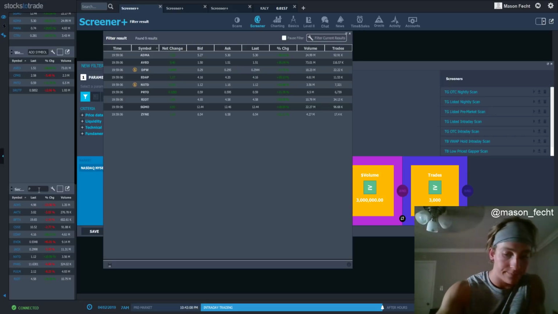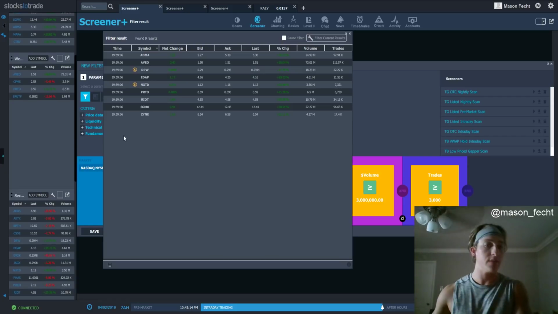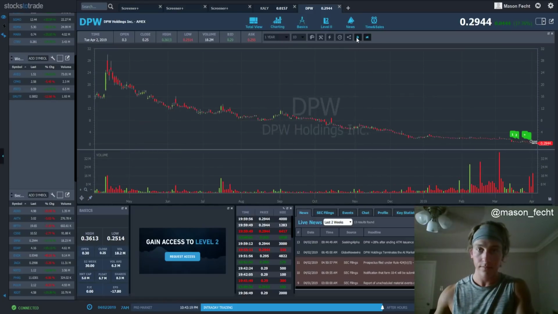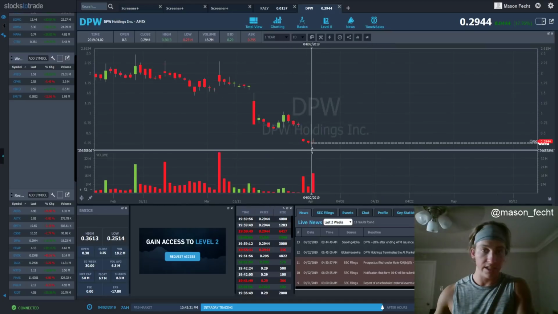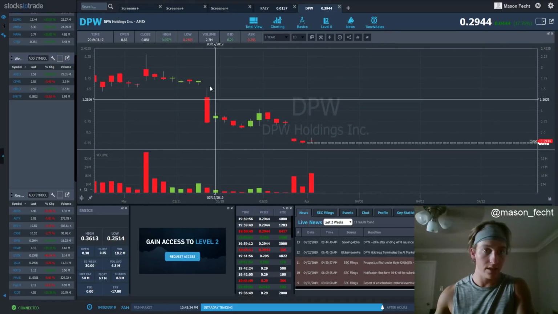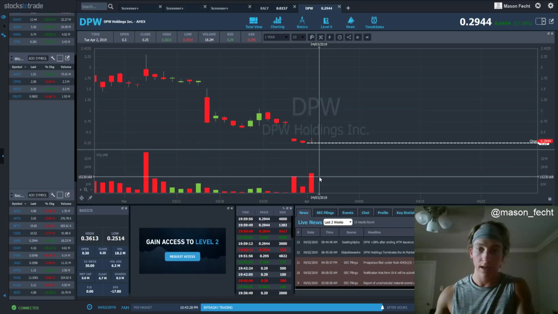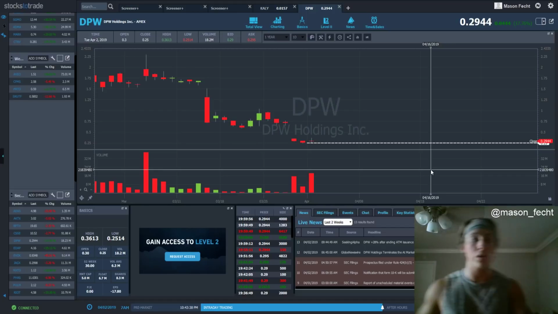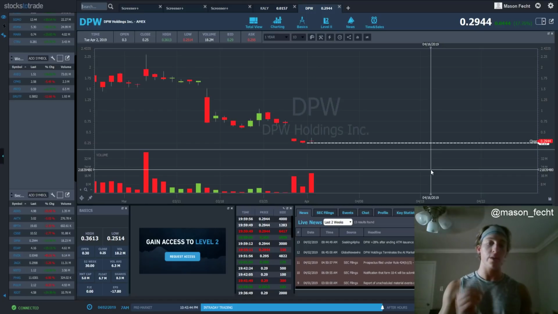And I'll throw DPW on there as well, just because I actually really like DPW for a potential bounce play. They did a reverse split recently, and it has just gotten crushed these past couple weeks. And they actually announced this morning that they're discontinuing their ATM at the market offering. So part of the reason it probably got crushed is because when a stock has an ATM, they can just generate shares out of thin air and just start selling into the open market to raise money.